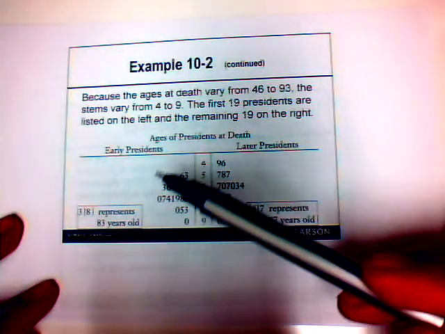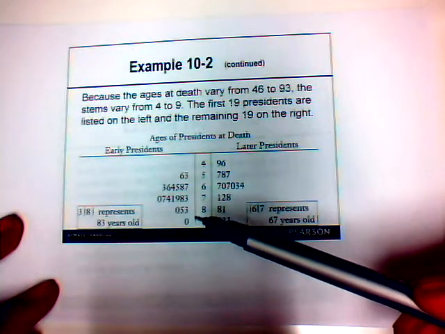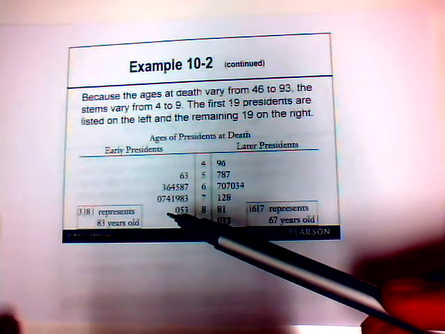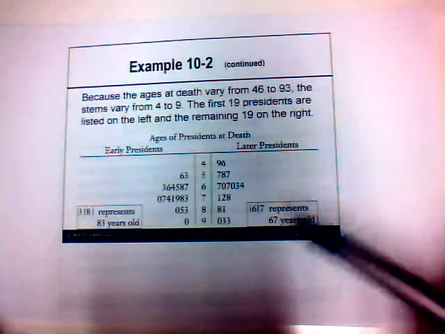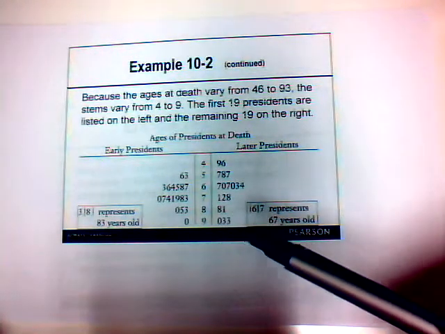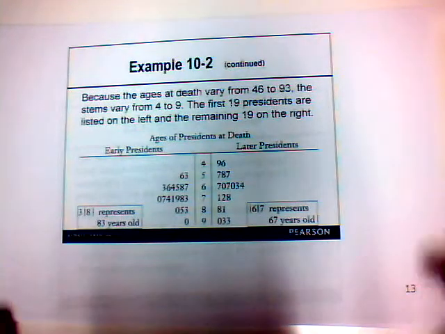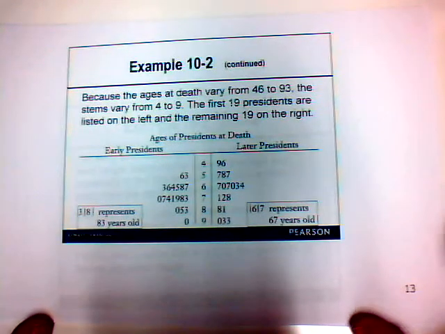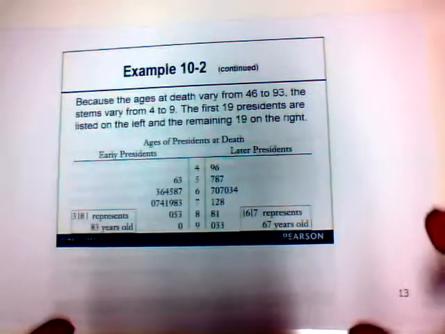Now on the left side, the leaves are listed from least to greatest, starting from the right to left. Or you can say from greatest to least if you want to. And of course those legends are given there in that particular problem. So here you can see how a back-to-back stem and leaf plot is created.